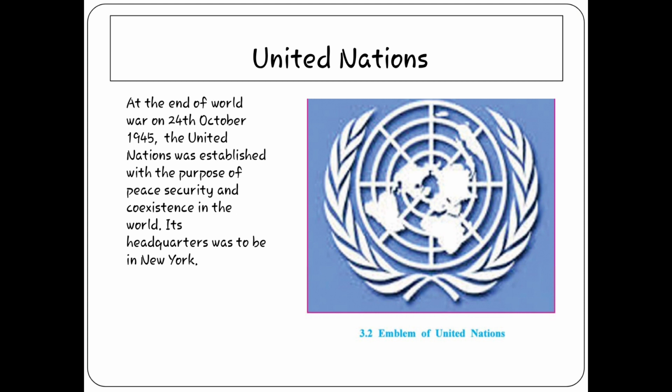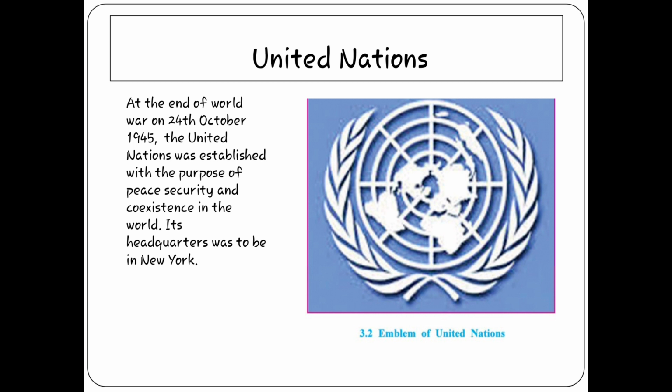United Nations. Why was the United Nations established? At the end of the First World War, the League of Nations was formed in order to establish world peace. But it failed and the Second World War broke out.